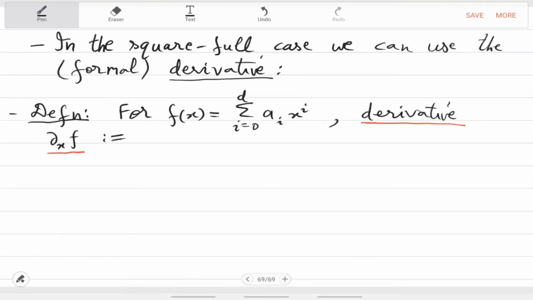The derivative in complex analysis is defined by some limits, etc., right? But what is the final result? The final result is that the derivative of x to the i is just i times x to the i minus 1, right? So that is a syntactic expression. So by bypassing all the analysis, we just define that to be the derivative.